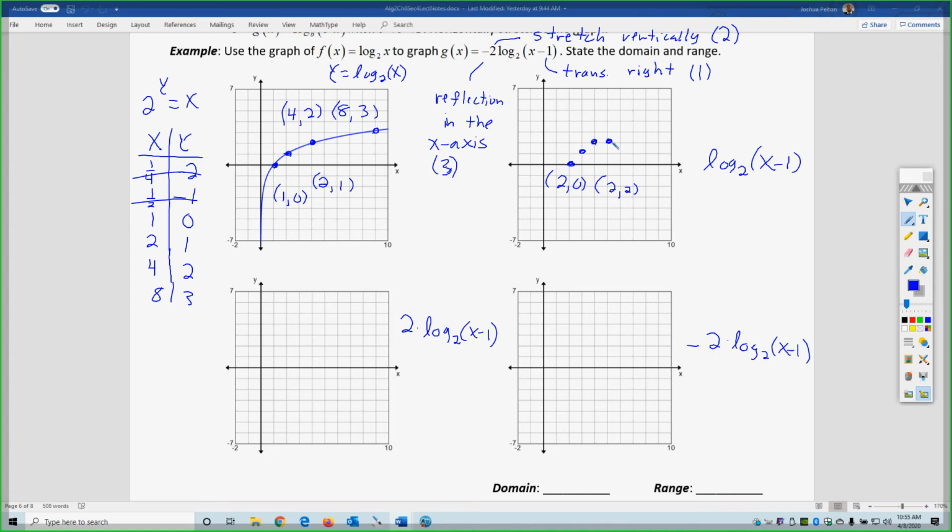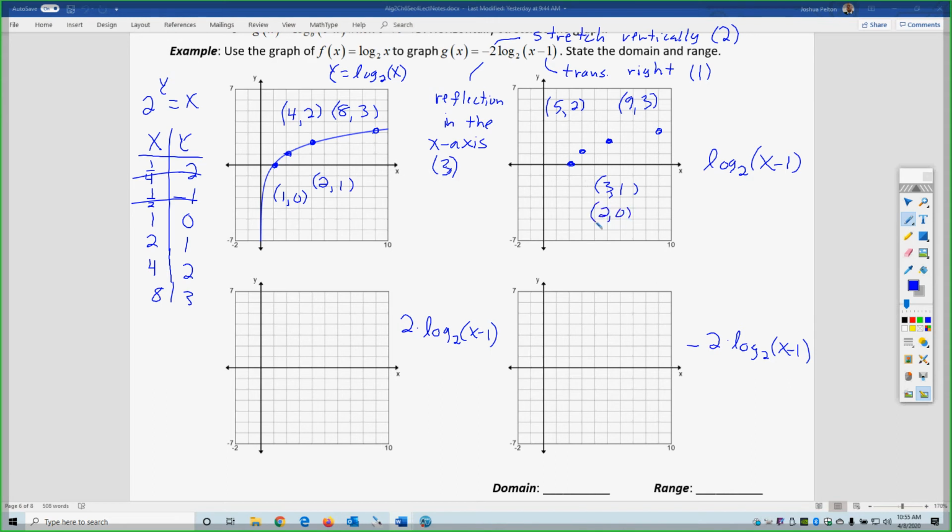That moves right one and becomes 5, 2. And the last one on the list is 8, 3. Moves right one, it becomes 9, 3. So each of the points just changes the x value: I add 1 to x.